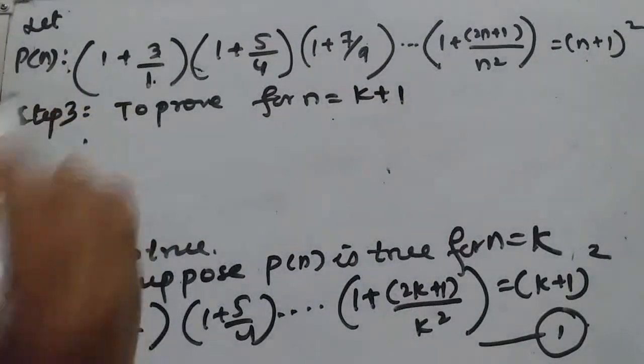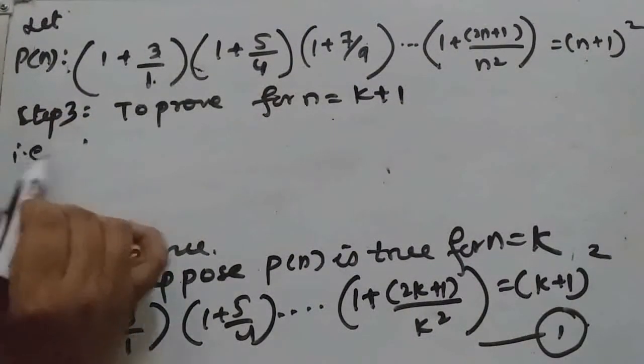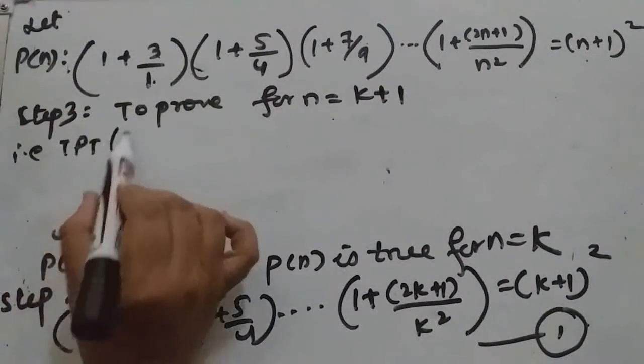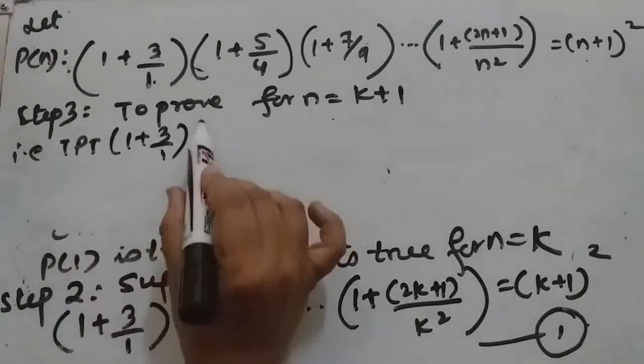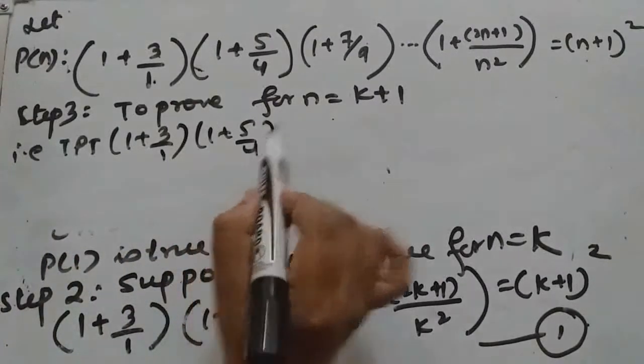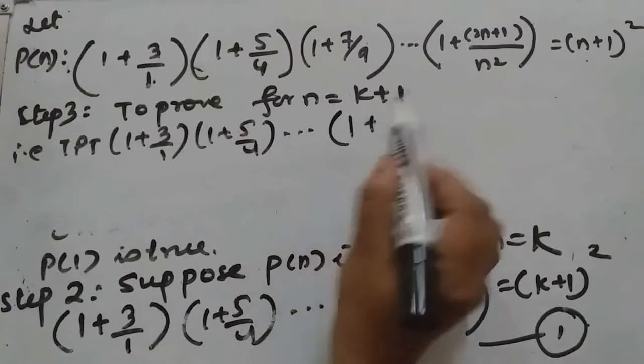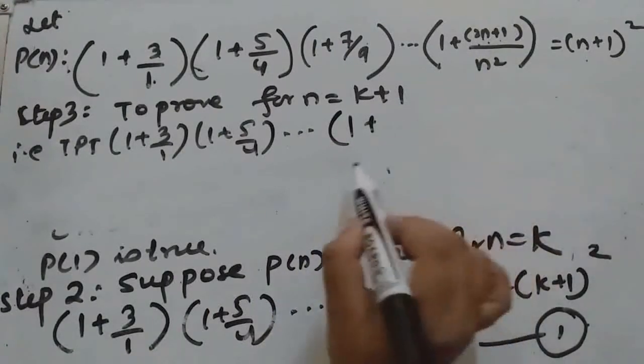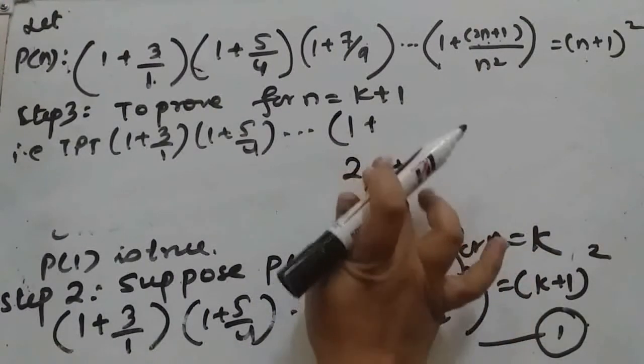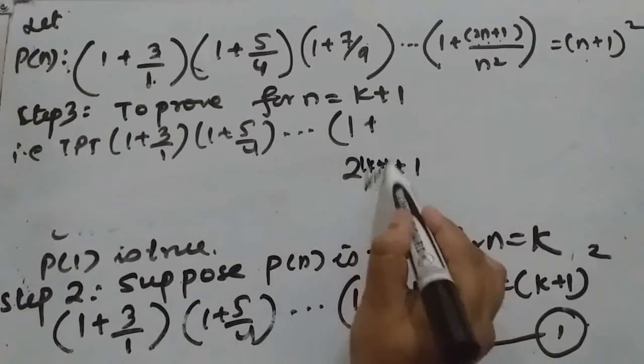Step 3, that is to prove that 1 plus 3 by 1, 1 plus 5 by 4, up to 1 plus (2n plus 1) by n square, but now n is k plus 1.